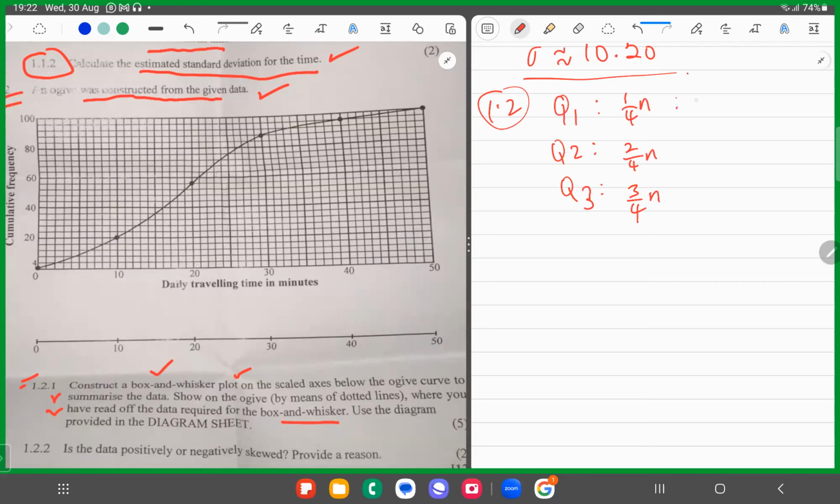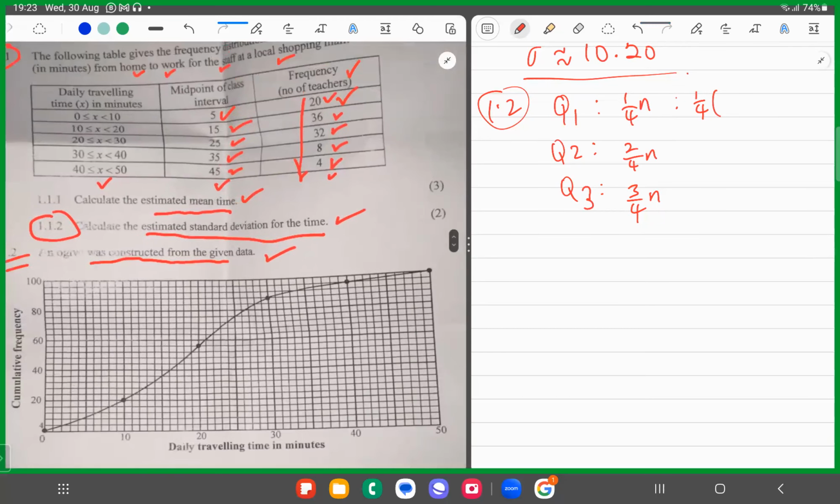So in each case, this one will be a quarter of the total frequency. So what is the total frequency? All right, we added everything and we got 100. You can just confirm again here. If you add everything here, you get 100. Is it true?